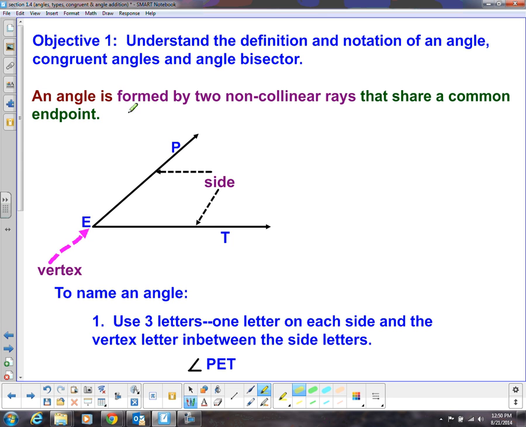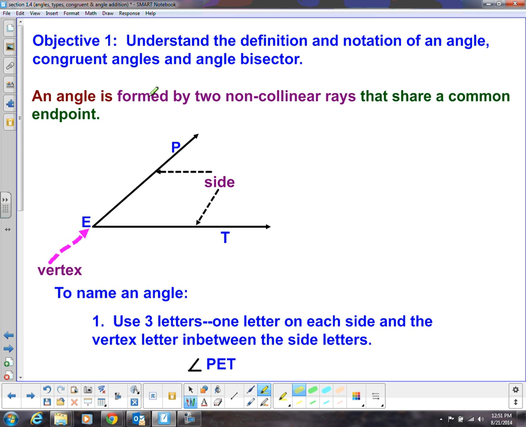All right, so we're going to talk about angles, and I know that you all have heard about angles in the past, and we're going to define an angle. We're going to talk about how an angle is named and labeled, and what forms an angle.